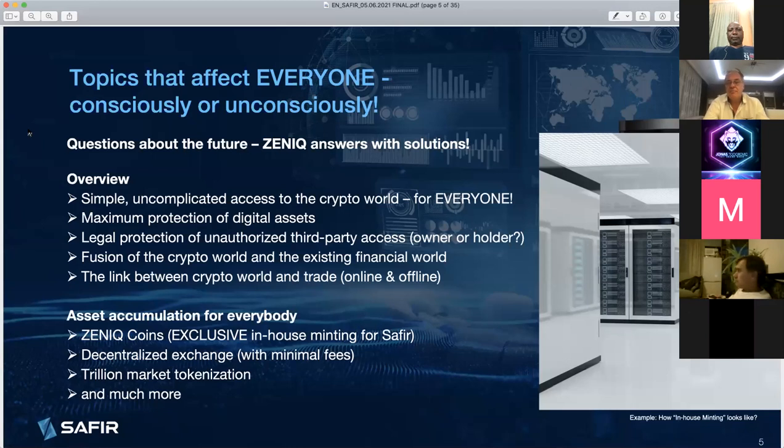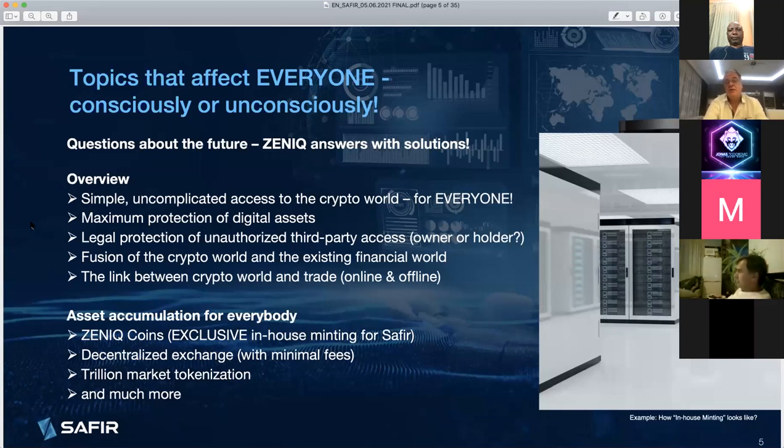So to make it simple, easy and uncomplicated to access this cryptocurrency world, which I think most everyone on the planet today is aware of, but they don't really know exactly how it works. So this is a way for us to make it simple and easy for people to access it.